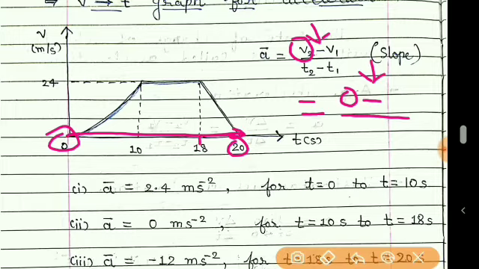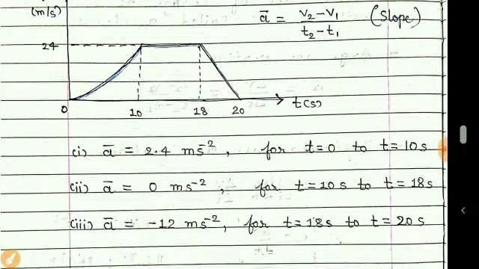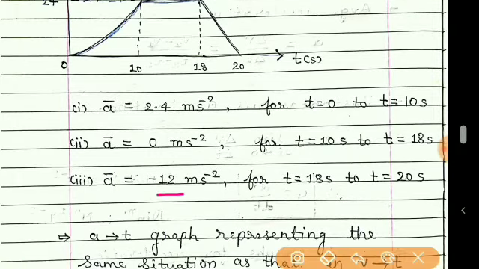At time t equal to 18 seconds, the initial velocity is 24. So 0 minus 24, and the difference of time is 2. So 24 by 2 is 12, but minus 12. So the acceleration is minus 12.